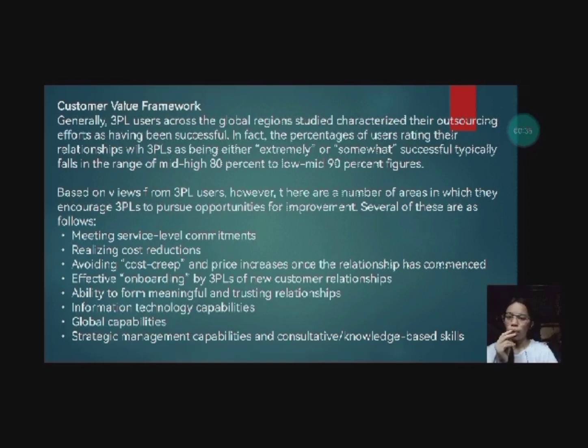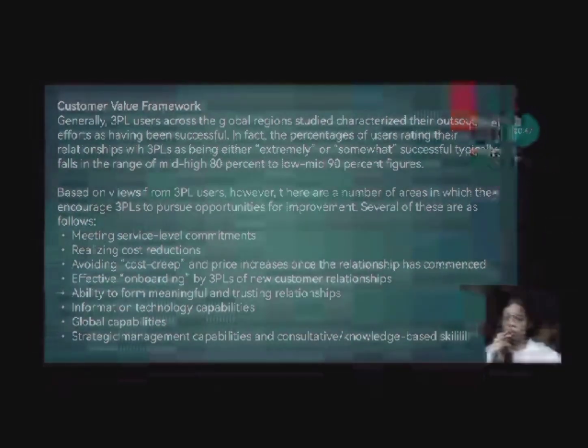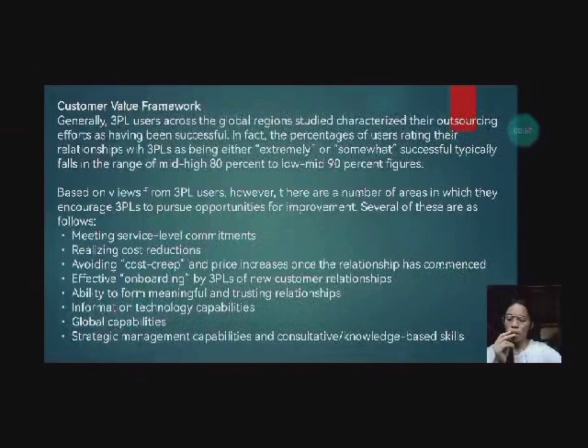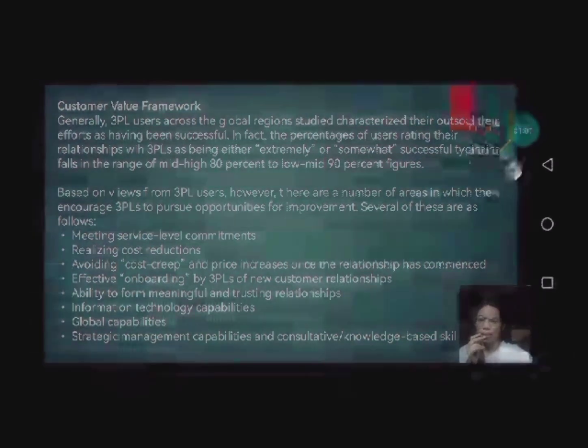Based on views from 3PL users, however, there are a number of areas in which they encourage 3PLs to pursue opportunities for improvement. Several of these are as follows. Meeting service level commitments. So, ensuring that the 3PL consistently delivers services at the agreed upon standards and timelines.